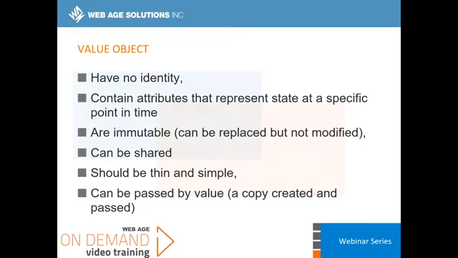So value objects are things that can be shared, things that are thin and simple, things that can be passed by value, whereas an entity has an identity. It can have attributes, like the movie ticket does, but it also has an identity. So if I have a ticket for a specific show on a specific date, sitting in a specific seat, the combination of those three things provides the identity for my ticket.